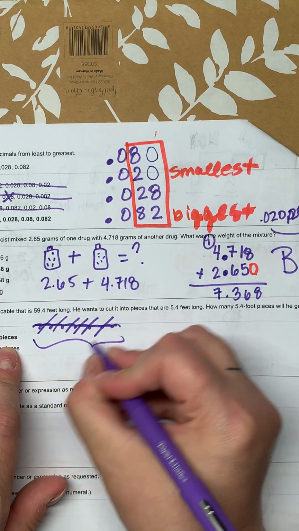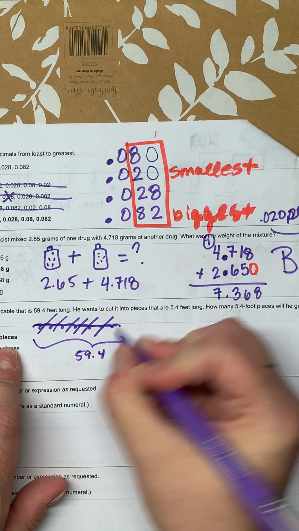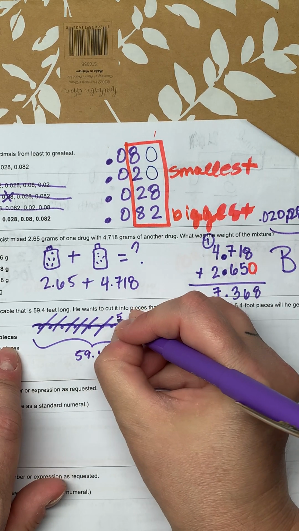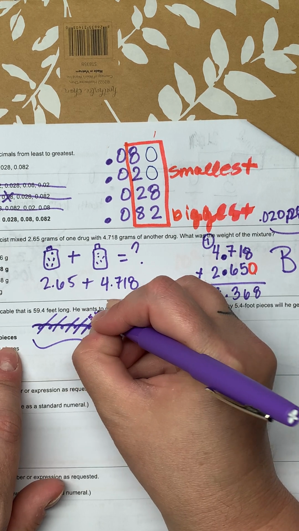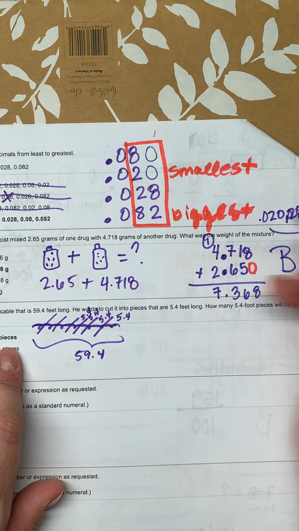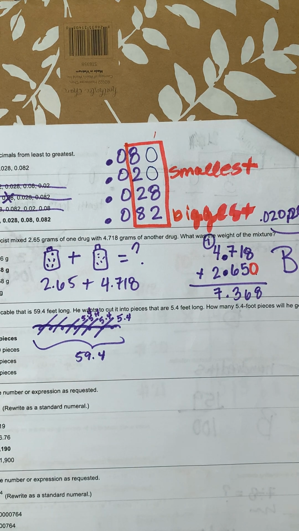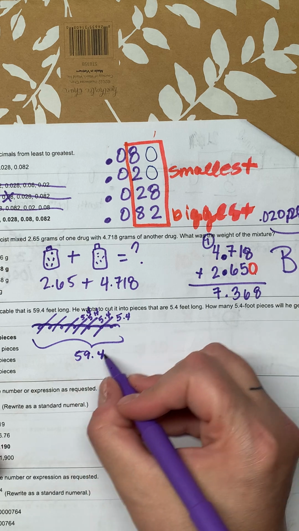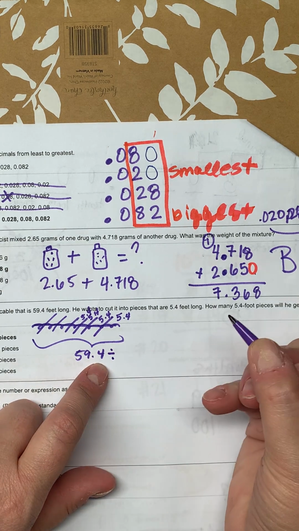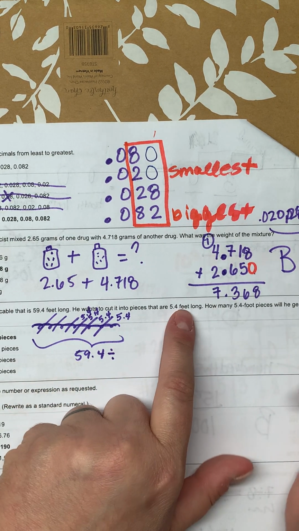So this whole thing is 59.4, and each little piece is going to be 5.4, and we have to figure out, well, how many 5.4s are there going to be? And the answer is to use division. So we're going to take this big old 59.4, and we're going to divide it by that 5.4.